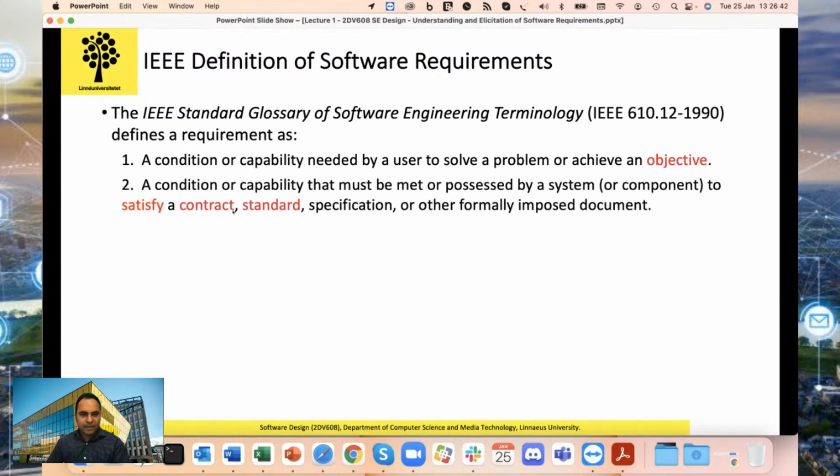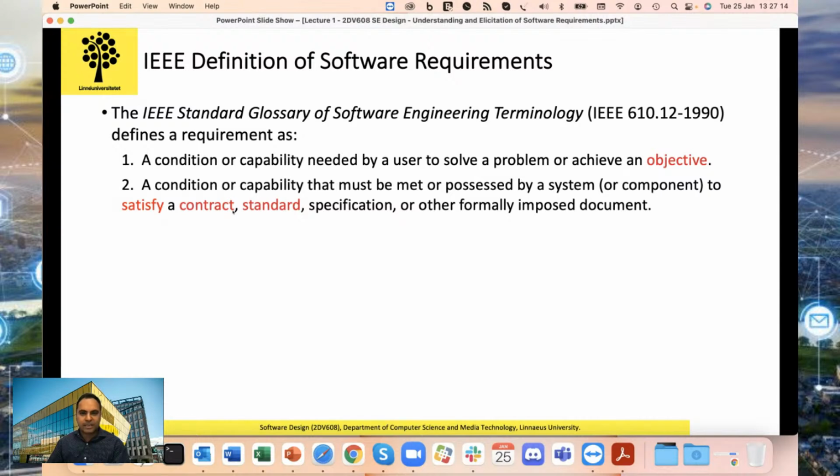And then software requirements are also conditions or capabilities that should be met as part of a contract. Basically, the software requirements document is a contract between the end users and the developers. So software requirements can be seen as a contract.